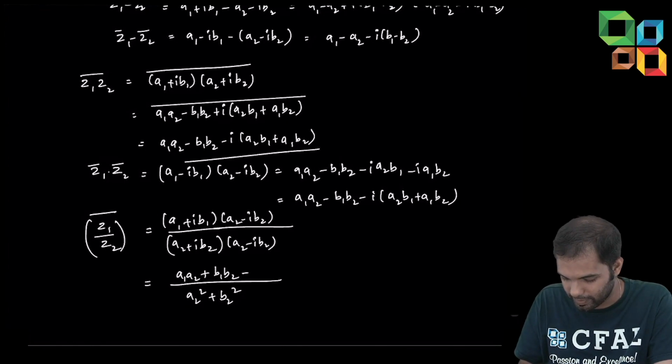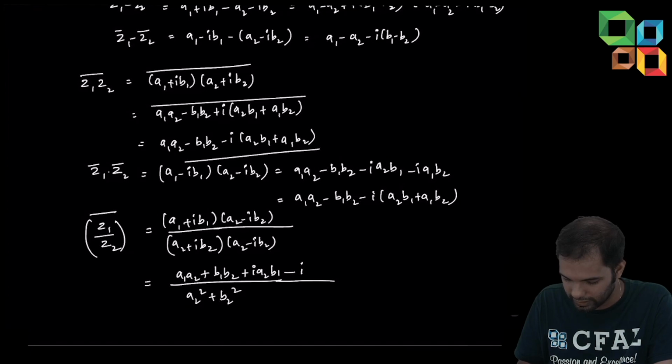Fine. The i terms: if I combine, plus i into A2 B1 minus i into A1 B2. If I take i common, what do you get? If I want, I can keep the constant separately.